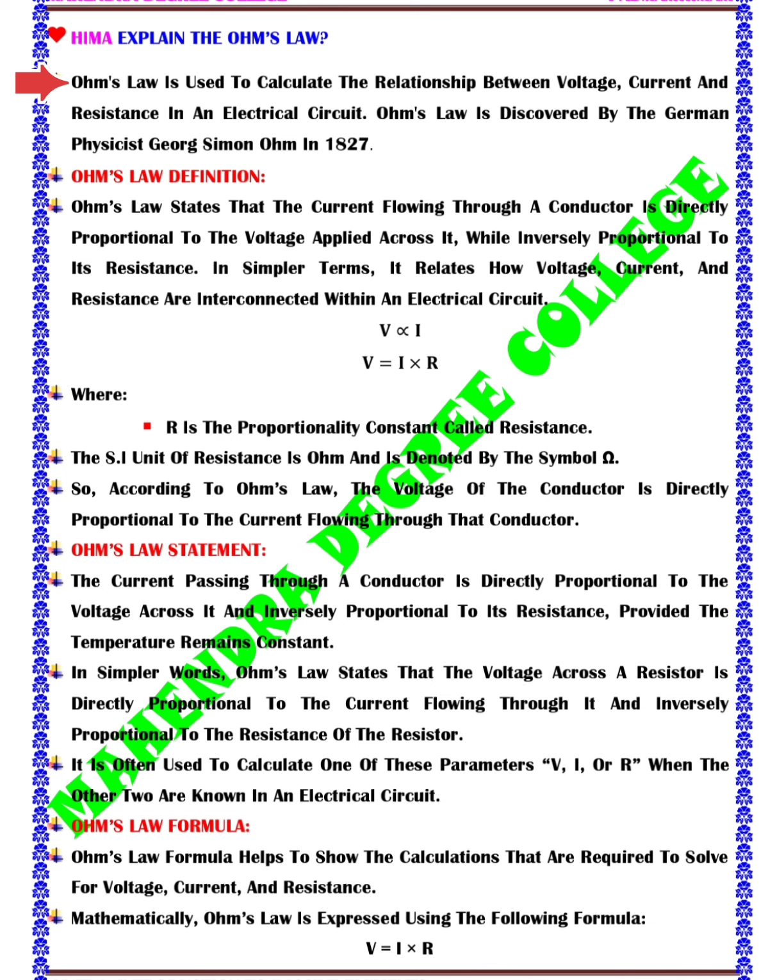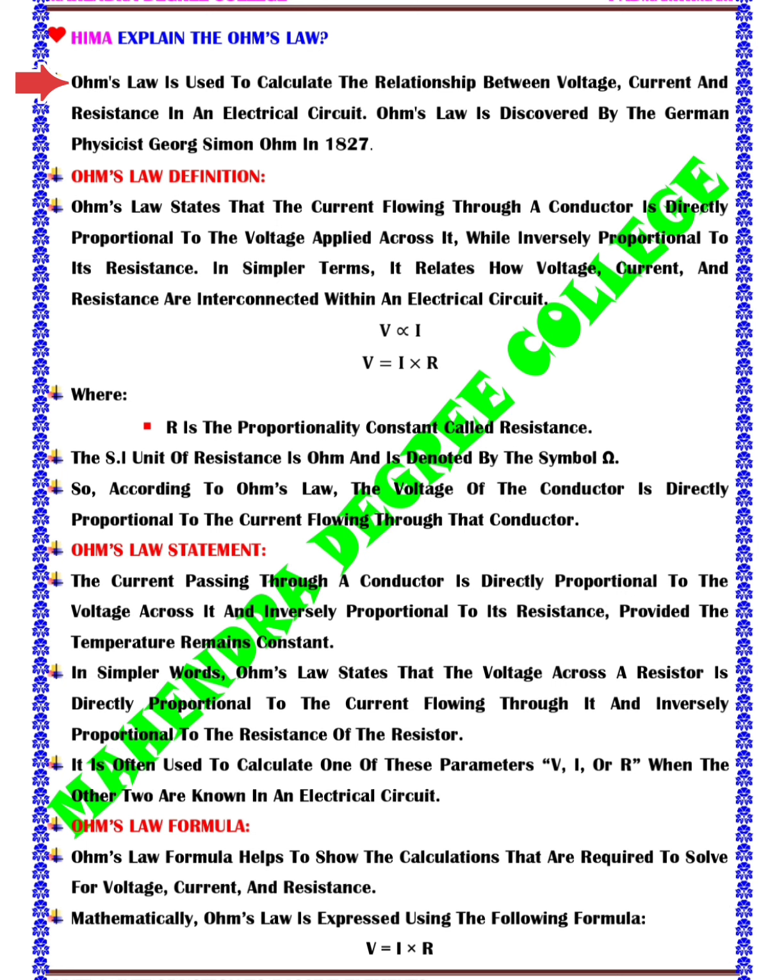He found, by conducting his experiment, that the product of the current flowing through the conductor and the resistance of the conductor determines the voltage drop over that conductor in the circuit.